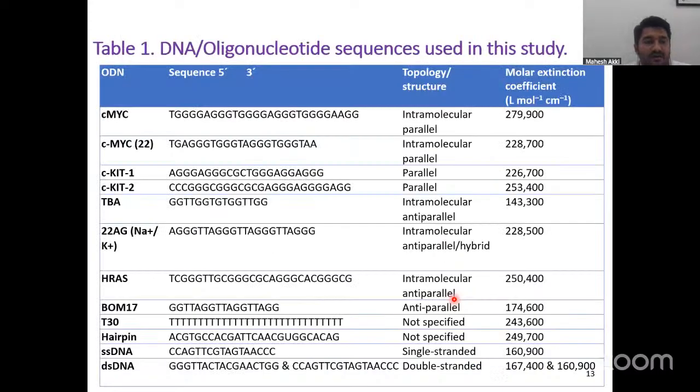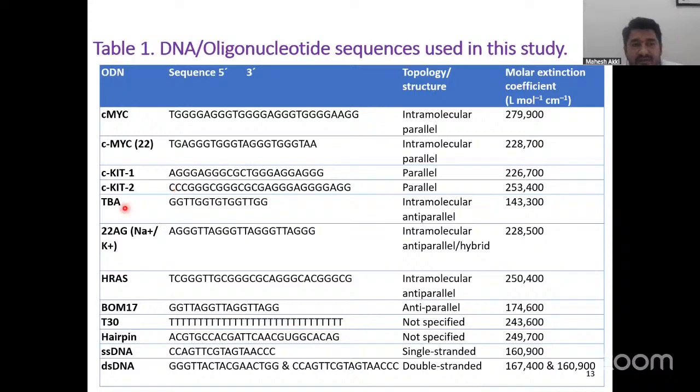These are the oligonucleotide strand sequences that are used in the current study. Here we can see the oligonucleotide names, that is CMYC. These are the guanine-rich sequences from 5' end to 3' end. This is intramolecular parallel in nature. CMYC is parallel, and CKIT1 and CKIT2 are parallel in nature.